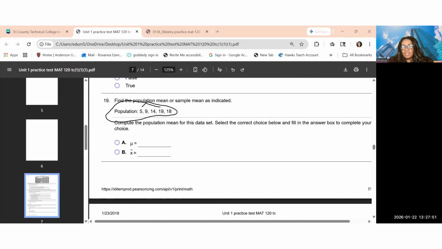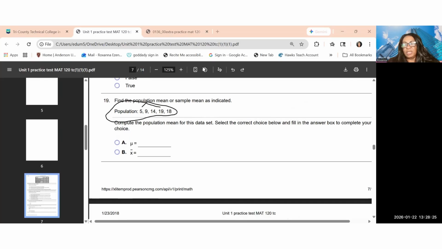So let me put my calculator up. I want to put the numbers in a list, even though there are not many, but it doesn't really matter. So I go to stat. The important thing is that I'm told that this is a population. So 5, 9, 14, 19, 18.